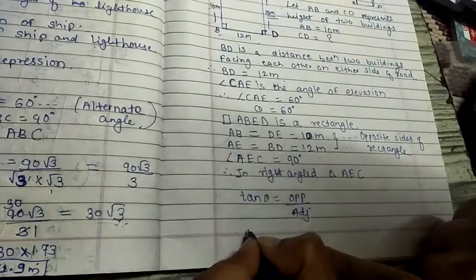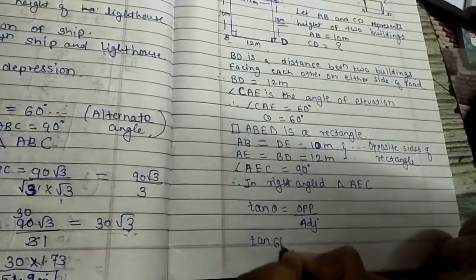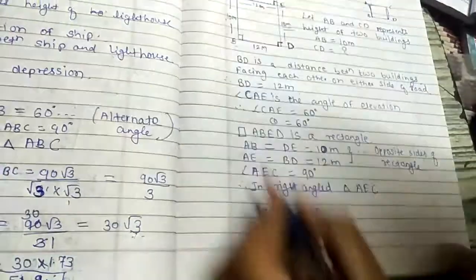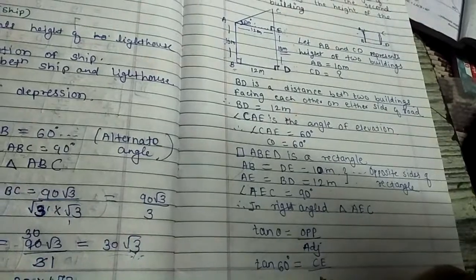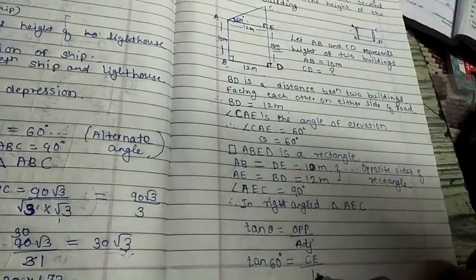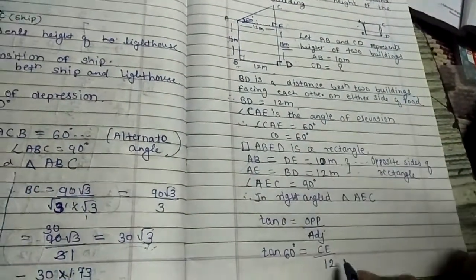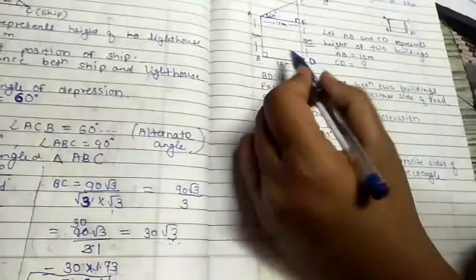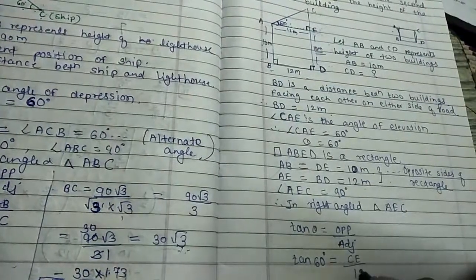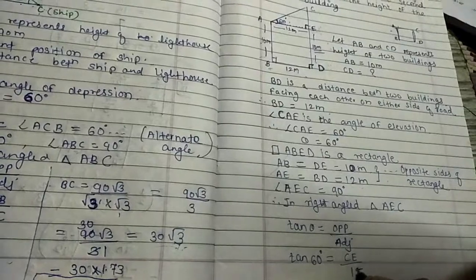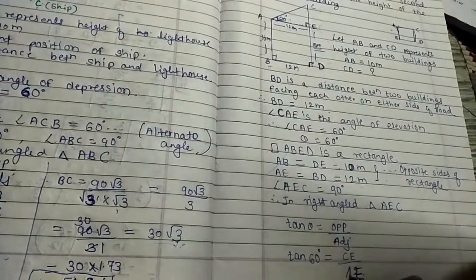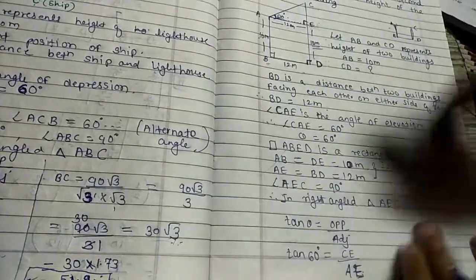So tan theta angle is what? 60 degree. Opposite side is what? C, and adjacent side is what? Sorry, adjacent side first we are going to write down. It is what? AE. So CE upon AE.